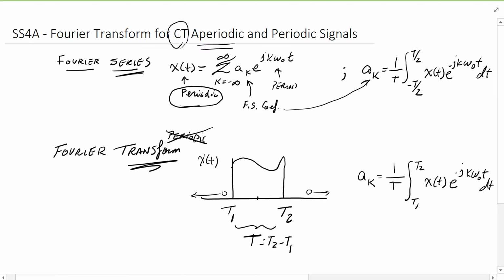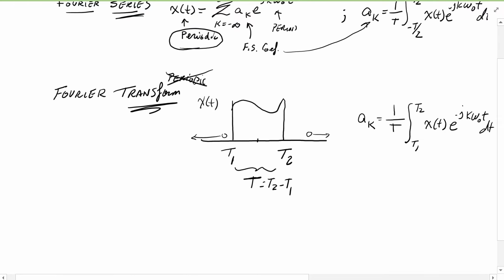Okay. Now, since this is 0 from this end and that end, I can rewrite this a of k as 1 over T still, but then I can go from minus infinity to infinity.